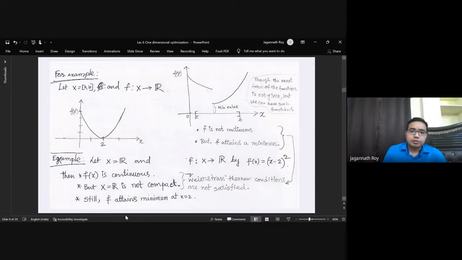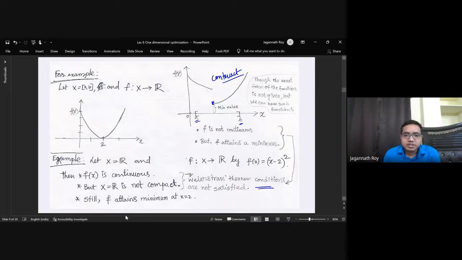Now here the Weierstrass theorem is not satisfied for this particular problem. If we have a discontinuous function, though the exact form is not given here, we can construct such a function that it will follow this path. But within this interval A and B, the minimum point will occur here.